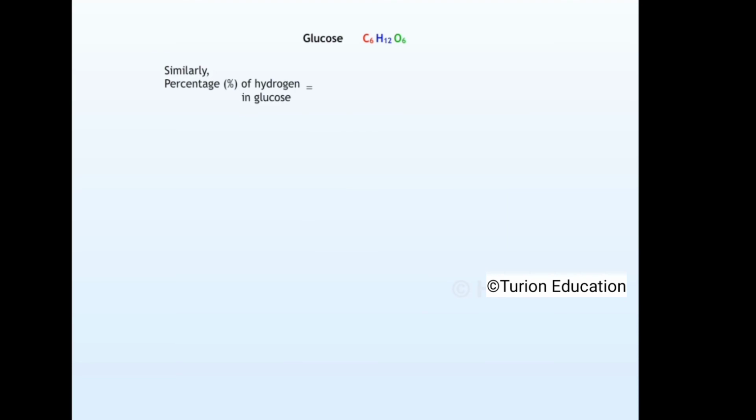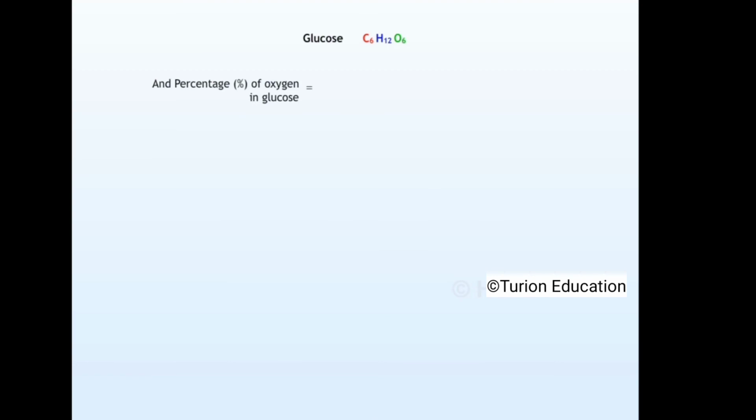Similarly, percentage of hydrogen in glucose is equal to atomic weight of 12 hydrogen atoms by the molecular weight of glucose. This gives us percentage of hydrogen in glucose as 6.66%.